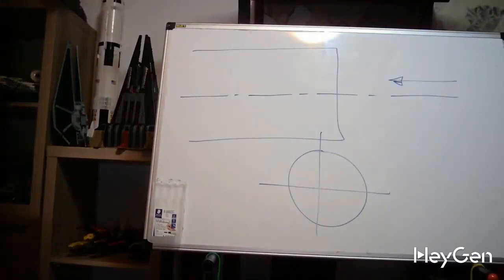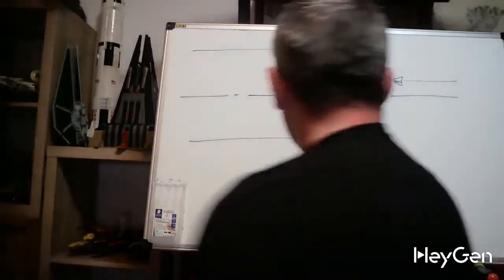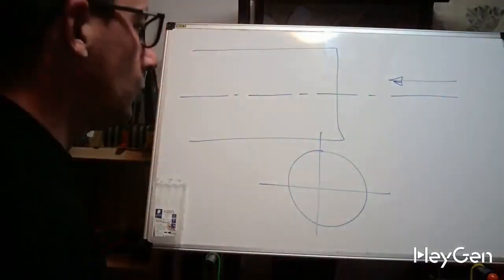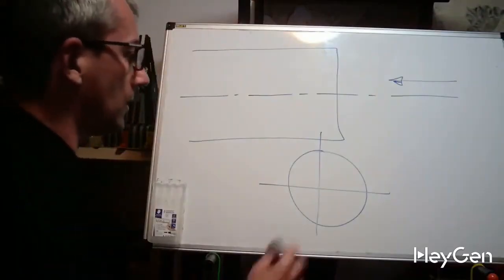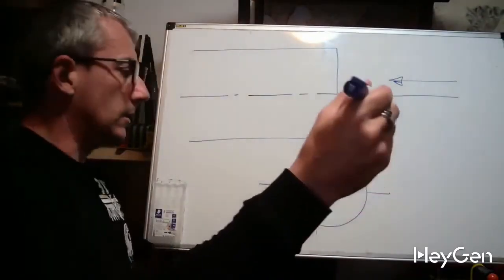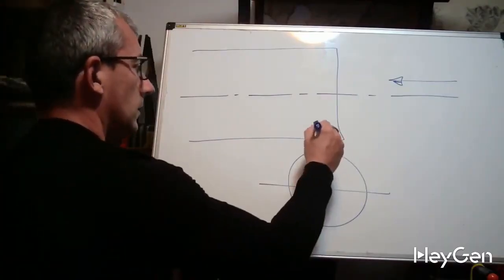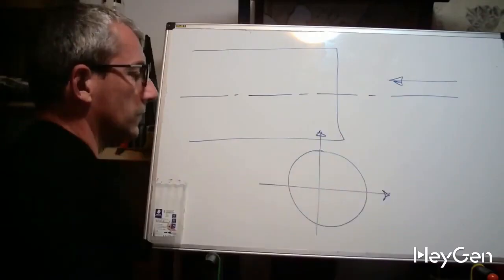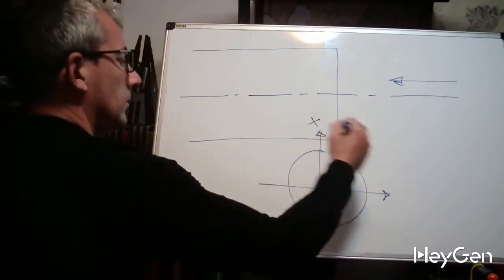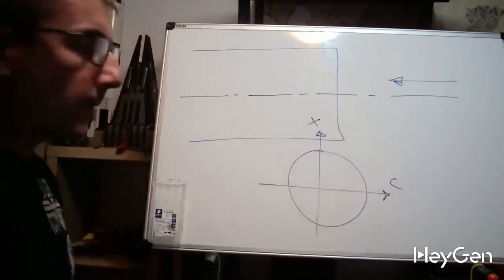Things are going to change. I can't use the Z-axis because the Z-axis goes directly towards the tailstock. I can use the X-axis, and I need to enter the C-axis as a linear dimension.